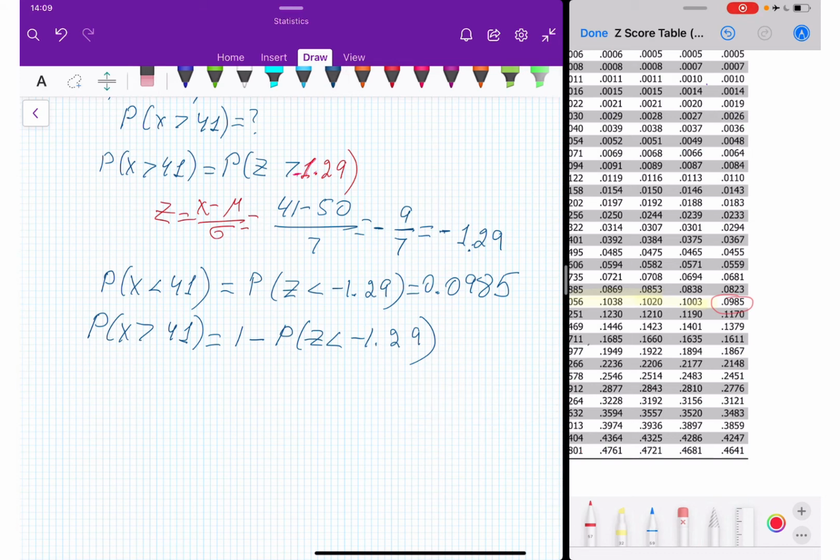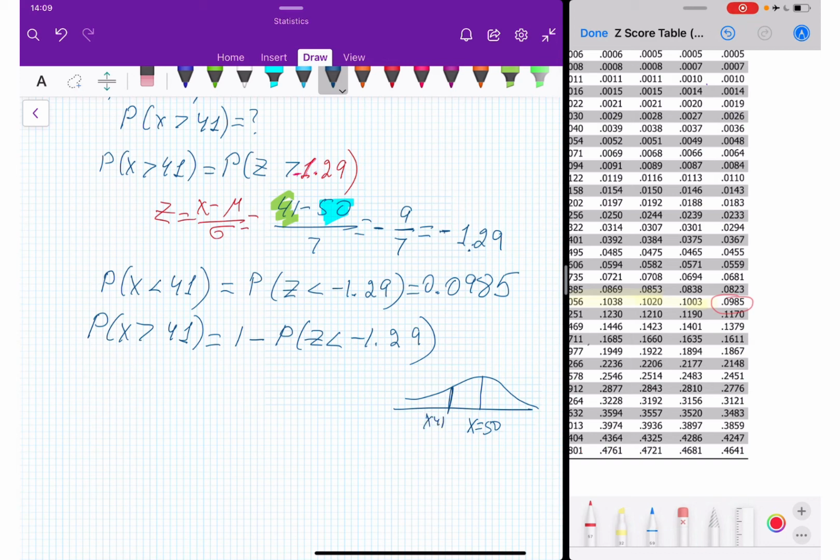Okay, let me explain. Look here, my mean is 50 and my x is 41. It's below, right? If x is 50, that's average, then 41 is going to be somewhere here, right?